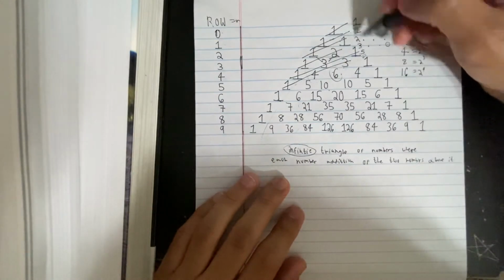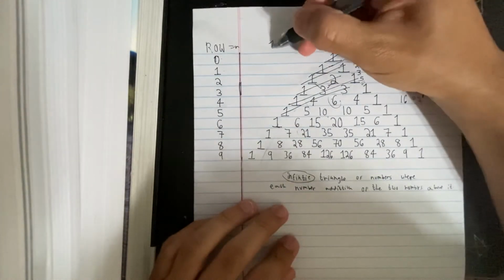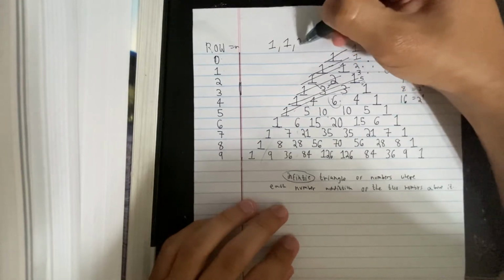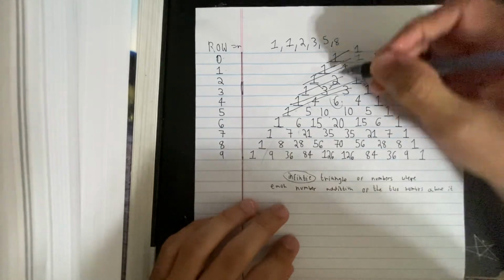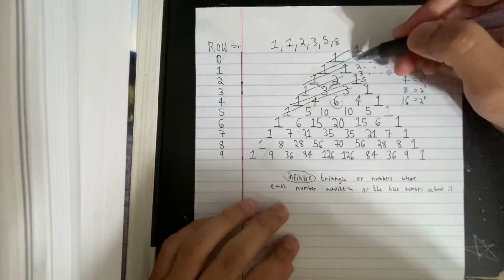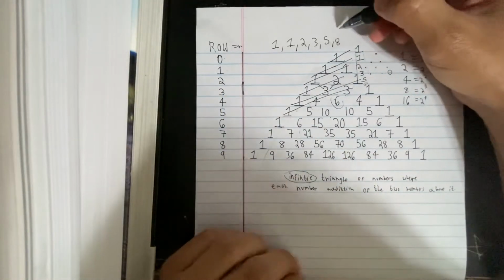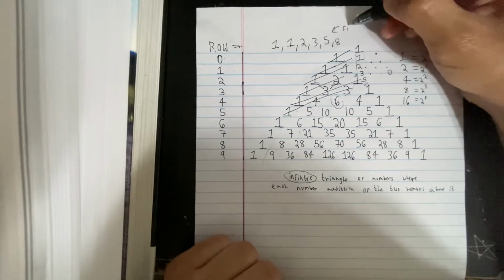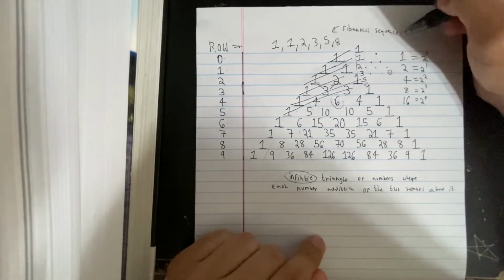So if we take this sequence for a bit more clarity and put it up here, or to the side, 1, 1, 2, 3, 5, 8. I took the additions of all of these diagonals and I would just put them here for clarity. What's interesting is this is actually the Fibonacci sequence.